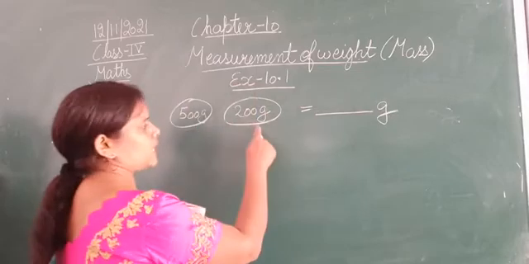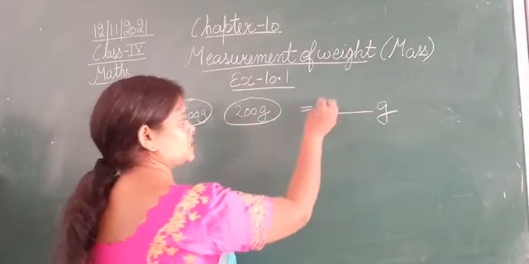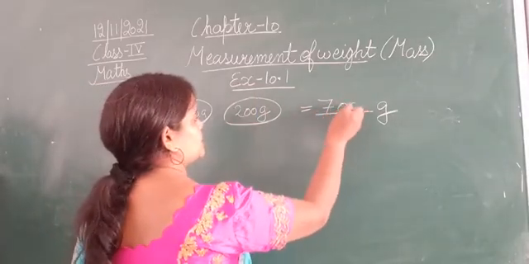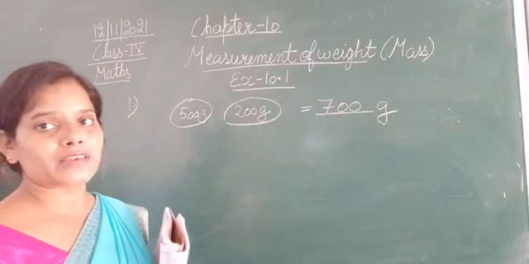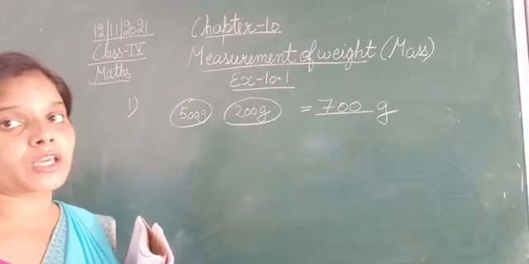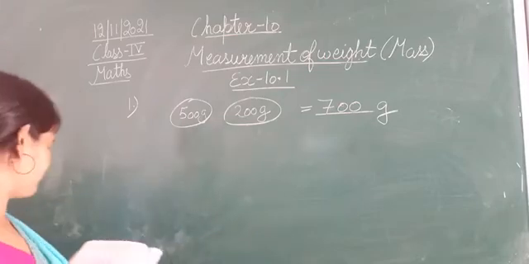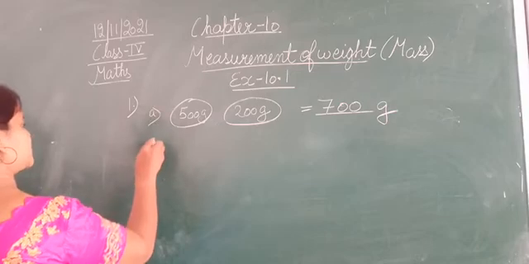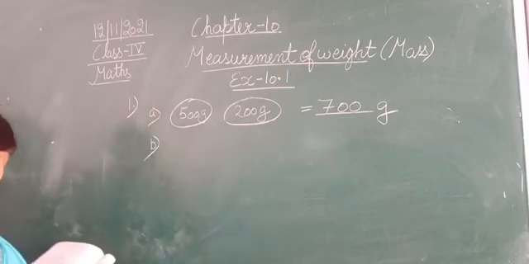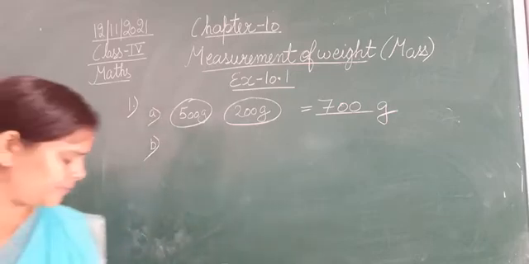So 500 gram plus 200 gram, that is 700 grams. So the total weight is 700 grams. Right?